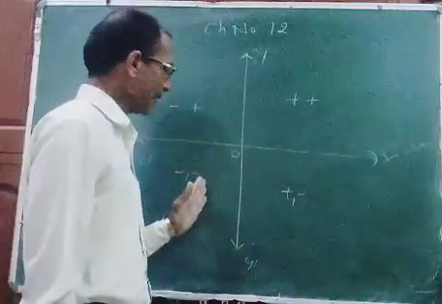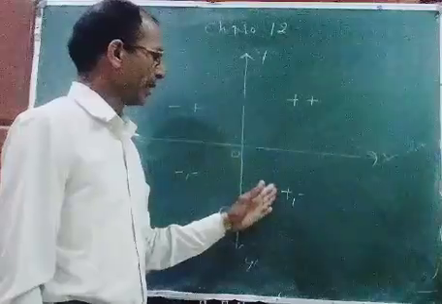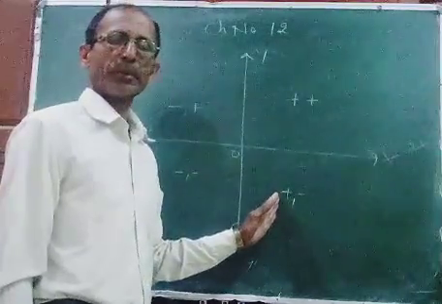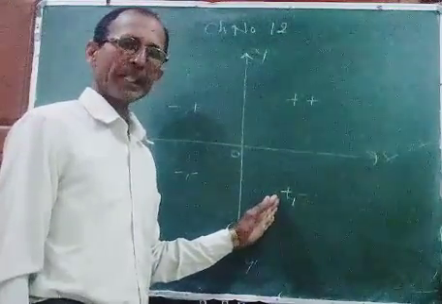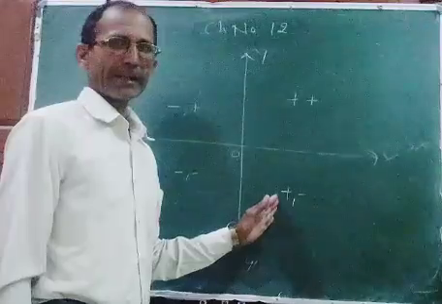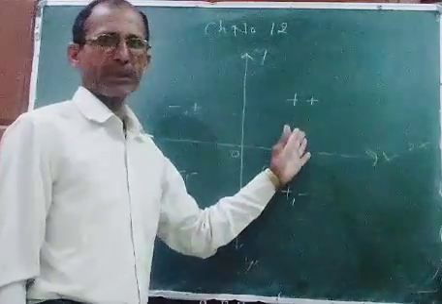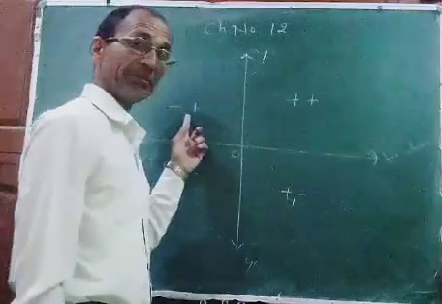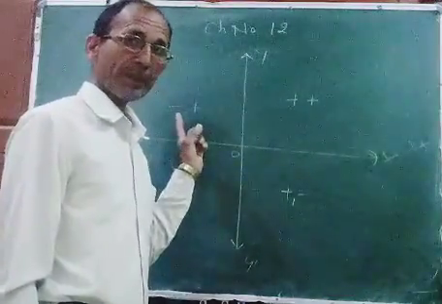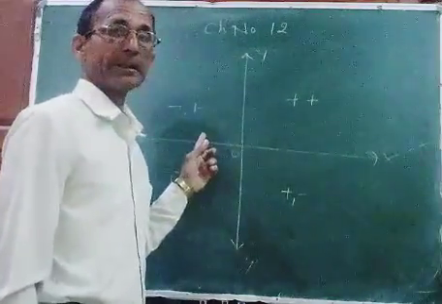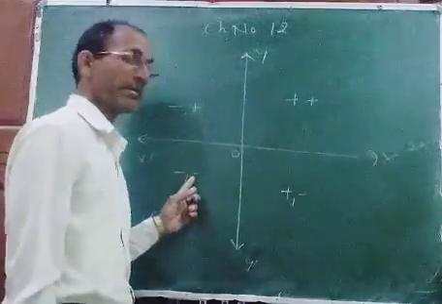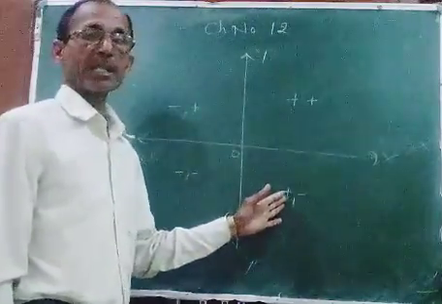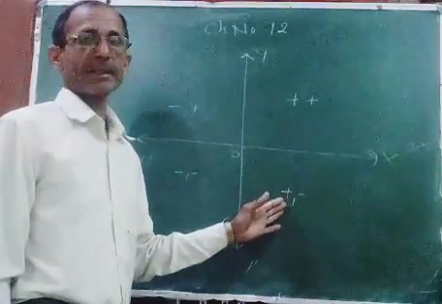In the third quadrant, both will be negative, and in the fourth quadrant, positive, negative. This way you can understand and you can learn. Plus plus in the first quadrant, minus plus in the second quadrant, minus minus in the third quadrant, and plus minus in the fourth quadrant.